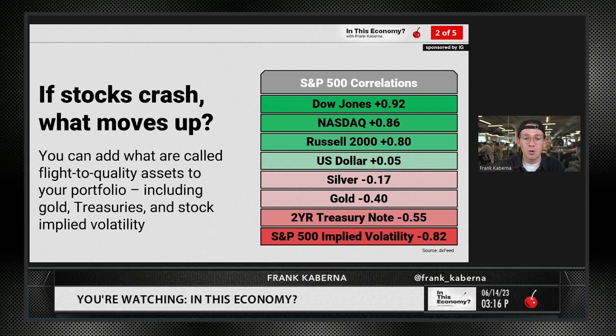A lot of portfolios will hold 3% gold, 5% gold. Though actually it is interesting that the correlation there isn't so strong at negative 0.4. You would want a negative 0.5, negative 0.6 or beyond to really feel comfortable. It's a strong relationship there. And silver is actually less than negative 0.2 in terms of its correlation against the S&P 500.